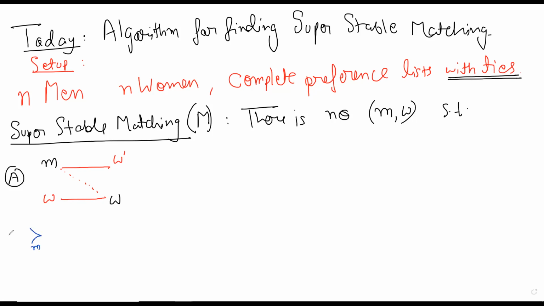So for M, W is higher than W prime, and so you understand this notation can be useful for W. This will be M prime. Now for W, we don't want both of them to become happier, right? Otherwise we would rather have this intuitively, but this is the definition.